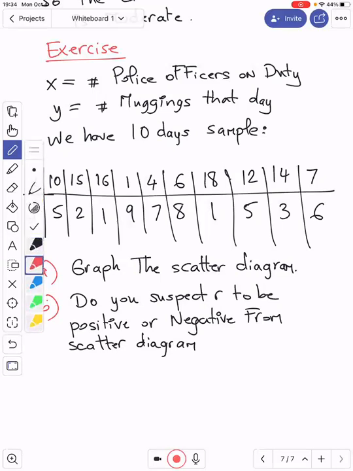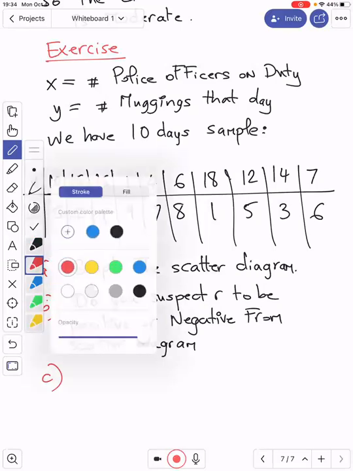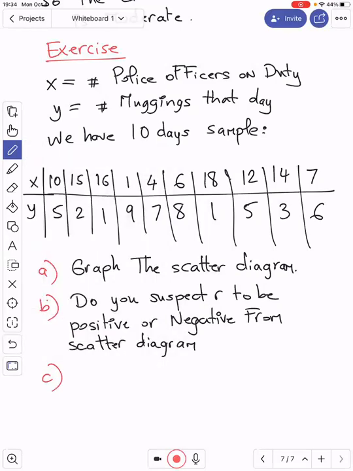C, we need to compute the sample correlation coefficient. So I'm going to give you the sum of the X's, the sum of the Y's, guys, because otherwise it's going to be a lot of computations, and it's going to take a lot of time. You can check, of course, the values that I'm going to give you.